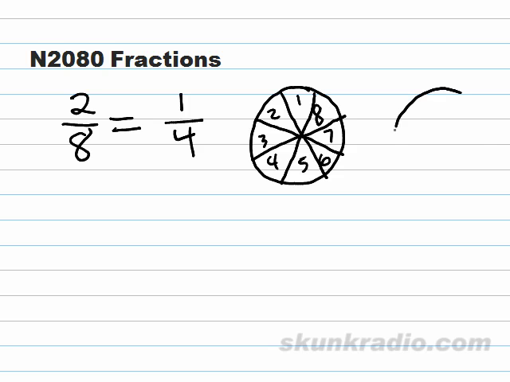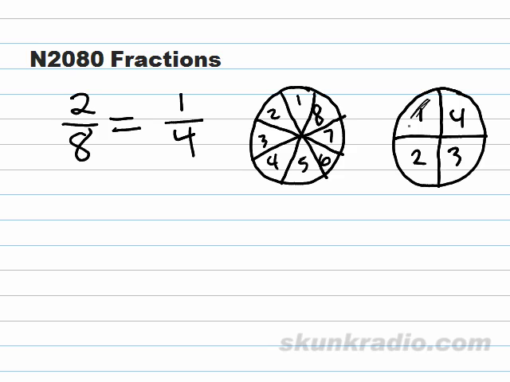If I redraw this pizza, and if we believe that two pieces of pizza out of 8 is the same thing as 1 piece of pizza out of 4, that's the same as saying, if they sent us the pizza and it was only cut into fourths, then it's pretty easy to see that the 4 friends are each going to get 1 slice of pizza.